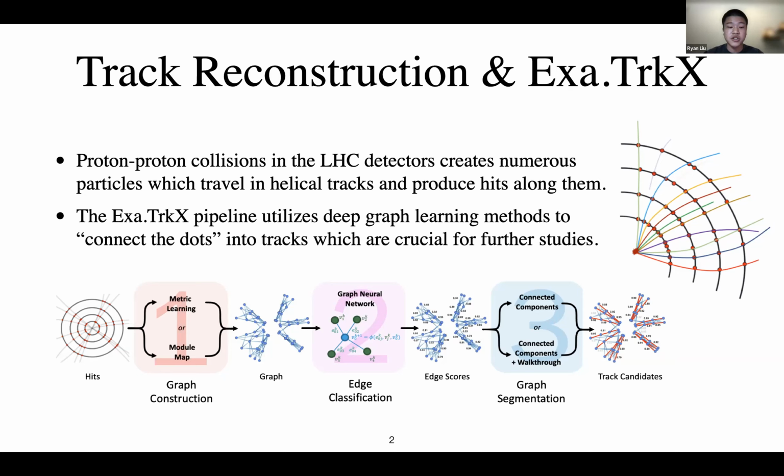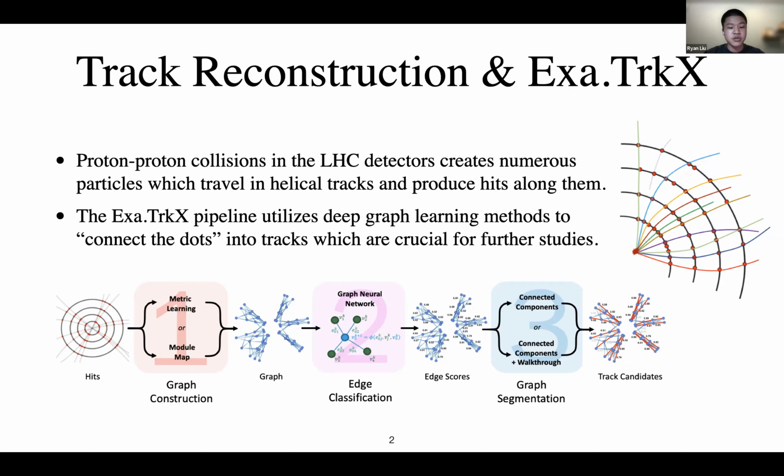So here's the sketch of the Exa.TrkX pipeline. First, we have to construct the graph via either a deep learning approach or a statistical approach. The machine learning one, which is metric learning, uses a multi-layer perceptron to embed hits into an embedding space. Then we impose a potential such that hits belonging to the same particle attract each other and otherwise repel.